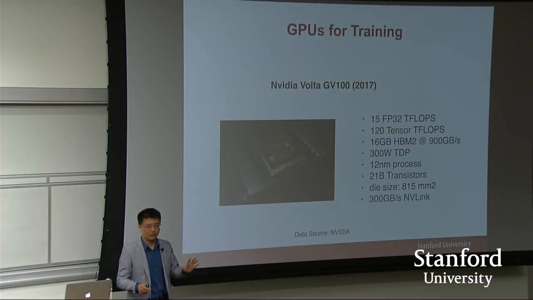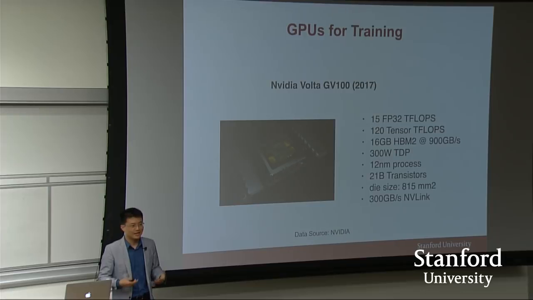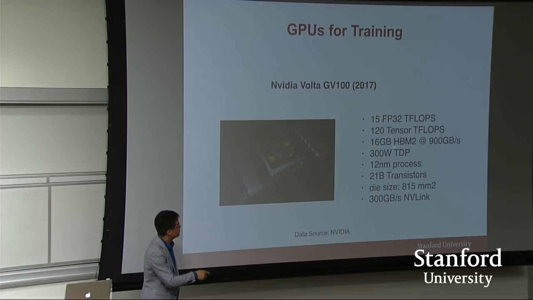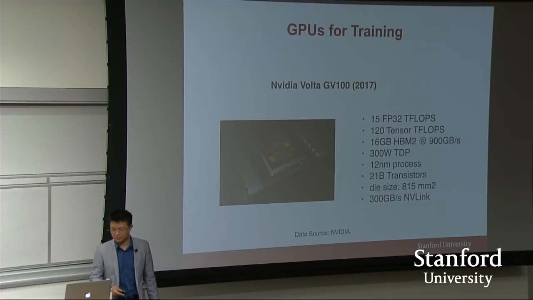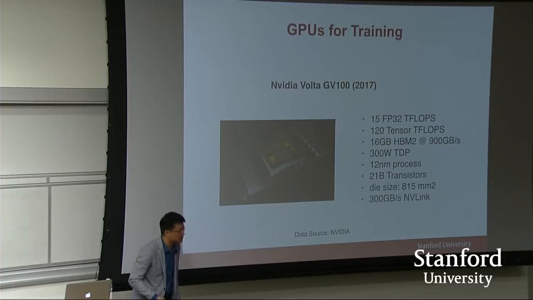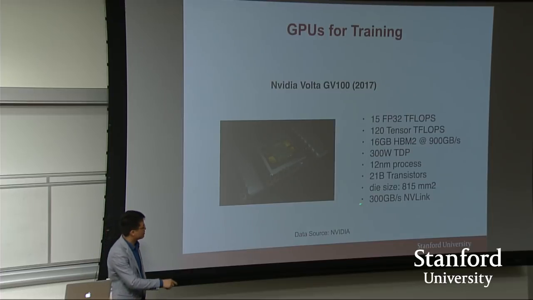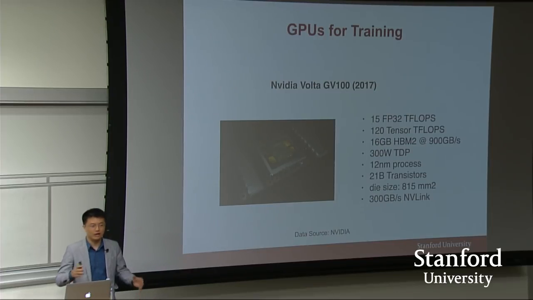We'll later cover what the tensor core is and where this 120 comes from. Rather than 750 gigabytes per second, this year, with HBM2, they're using 900 gigabytes per second memory bandwidth. Very exciting. The 12 nanometer process has a die size of more than 800 square millimeters, a really large chip, and it is supported by a 300 gigabytes per second NVLink.